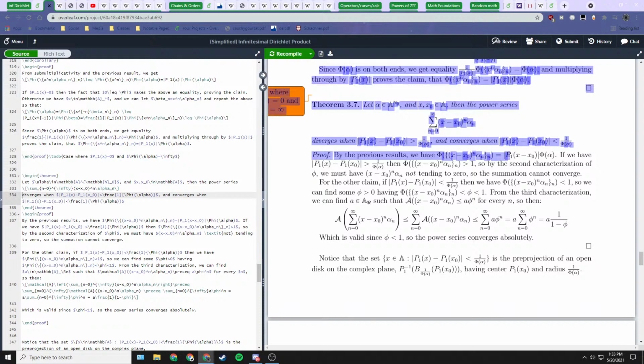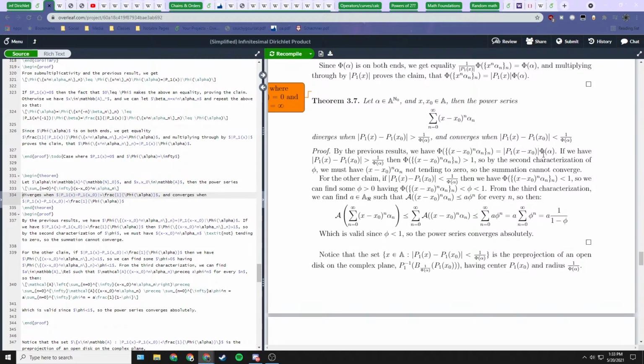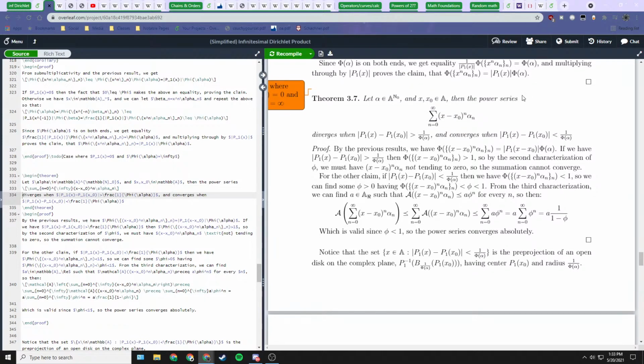But just for clarity, this p1 is linear. So this absolute value of p1 of x minus x0 is the same as the absolute difference of p1 of x minus p1 of x0.